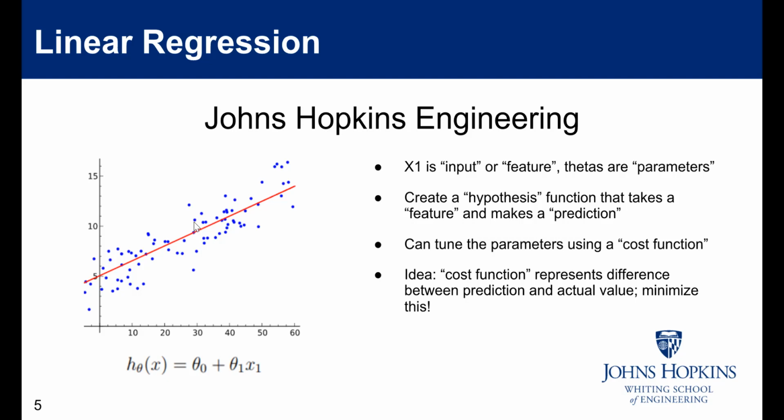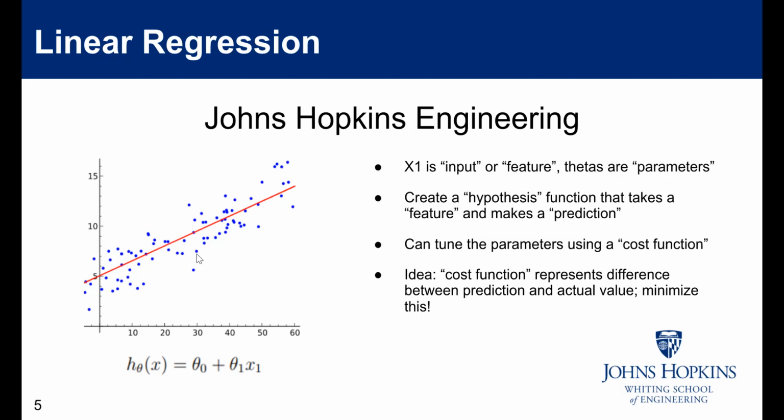But if you look at this one, the red line's a little bit too low, so the hypothesis is going to be a little bit low. And this one is also another observed training sample where x was equal to 30, and the red line is going to overestimate it and think it's going to be too high. So it's a little bit low for this point, it's perfect here, and it's a little high for this one.